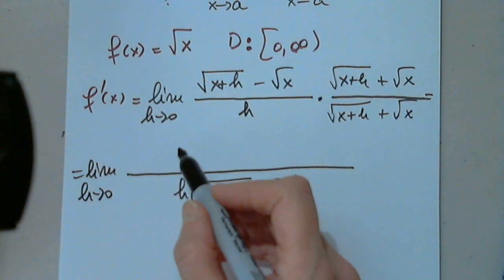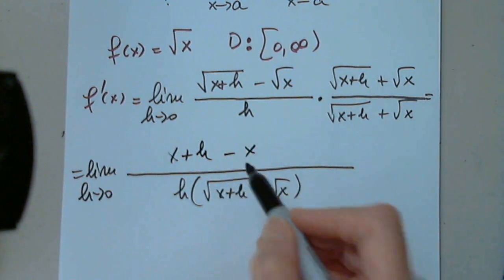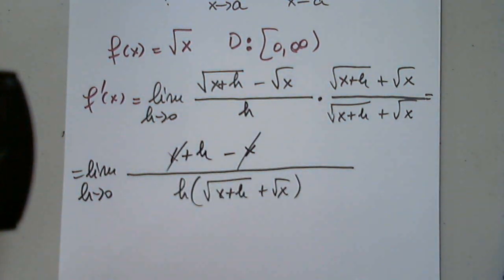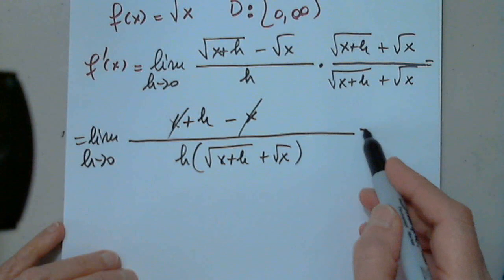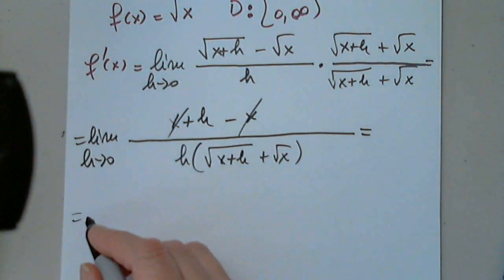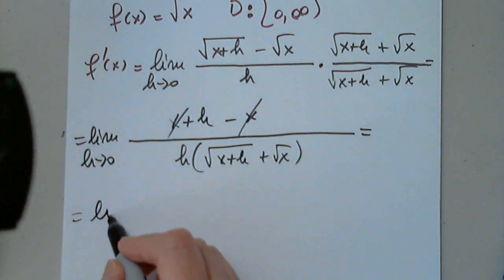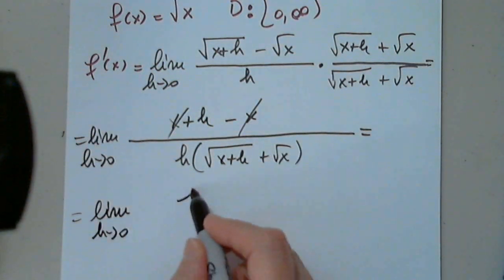Okay, it's x plus h minus x. Good. So these two go away. Do not simplify again here, please. In this case, we have to write it again. Do not drop the limit operator. We did not apply it yet.